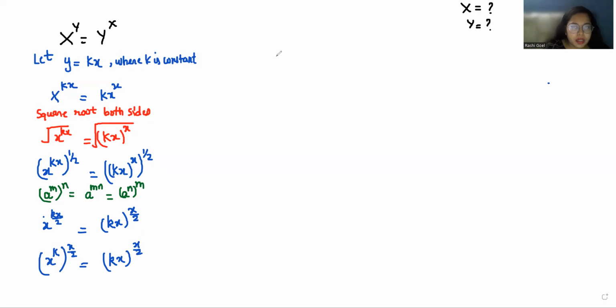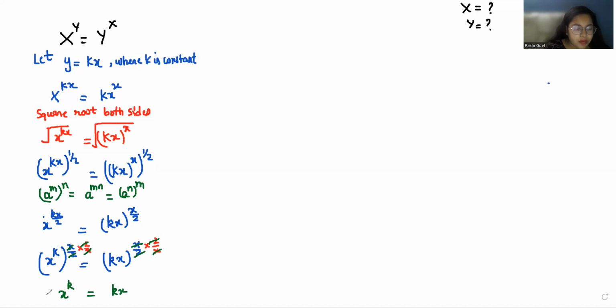Now I'm going to multiply by 2 by x power on both sides. So we can cancel out this x with x and 2 with 2. Similarly here. So what is left? x power k is equal to kx.